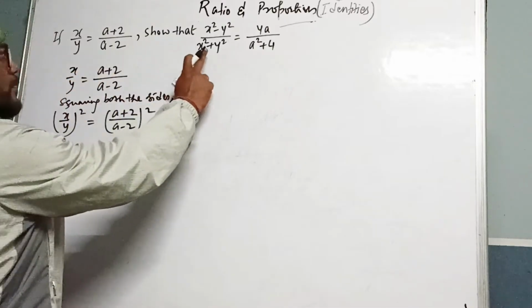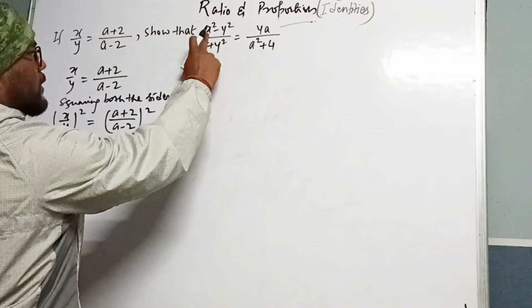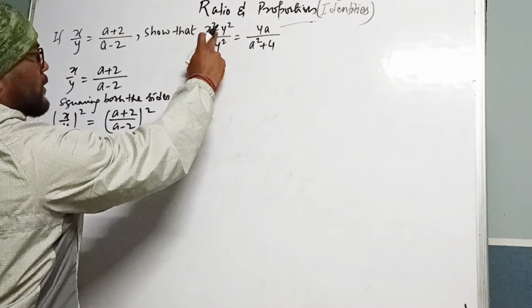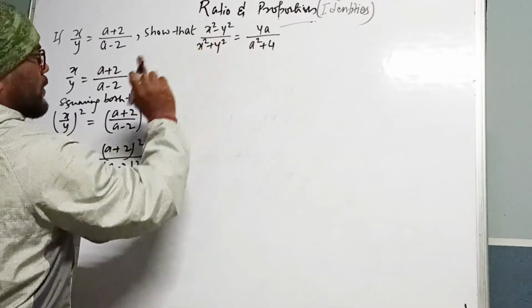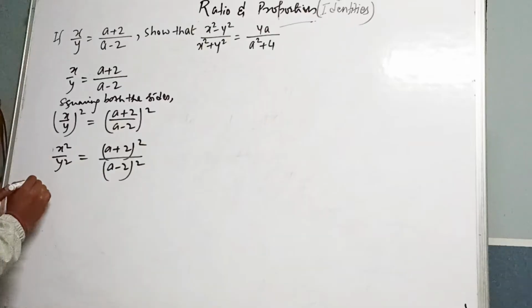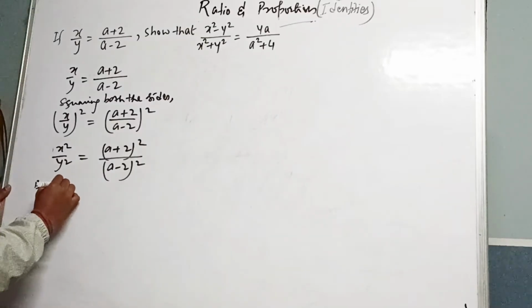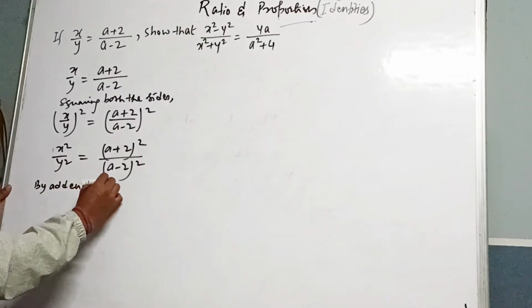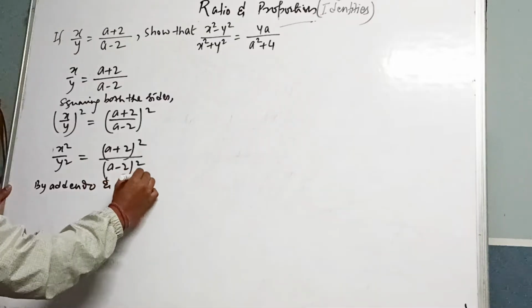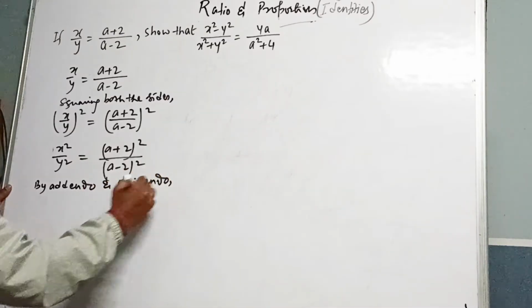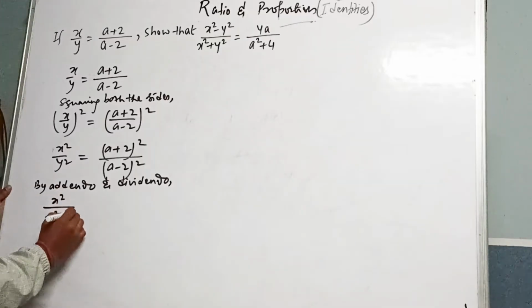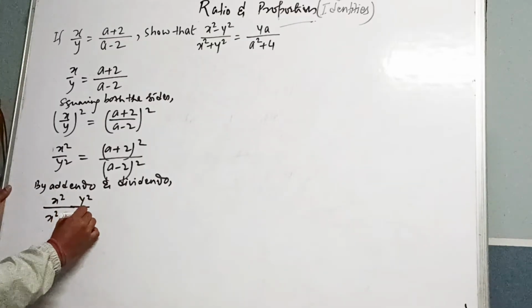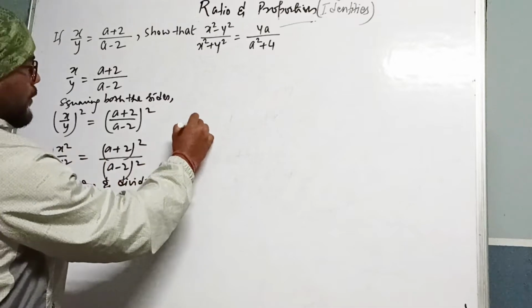Now in the LHS, it is given that x square and y square should be subtracted in the numerator and added in the denominator. So I am writing here by componendo and dividendo. So x square by x square and y square by y square. This is the property.